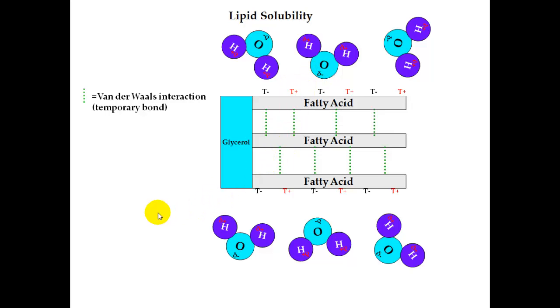Normally you would, but it turns out that the hydrogen bond that forms between water molecules is stronger than any bond that might form between this and that temporary partial charge. So another way of thinking about it is that if a water molecule has a choice between forming an attraction to another water molecule or forming an attraction to something that only has a temporary partial charge, the preference for the water molecule would be to form its relatively stronger hydrogen bond with another water molecule.